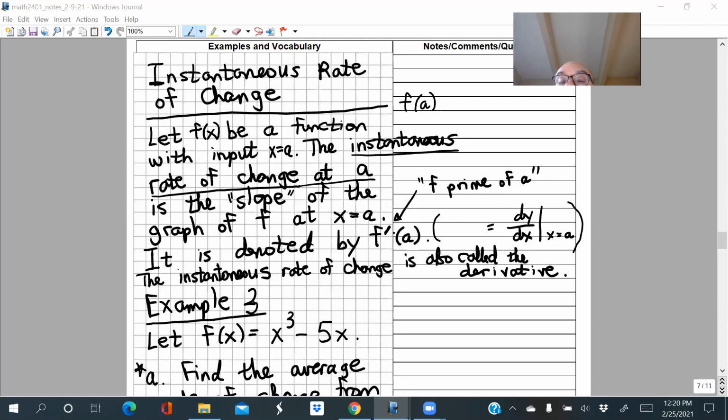They both mean instantaneous rate of change, or slope of the tangent line. And we have another term for instantaneous rate of change that we use, and that is derivative. So if you hear me use the term derivative, that means instantaneous rate of change, not average rate of change, instantaneous rate of change.